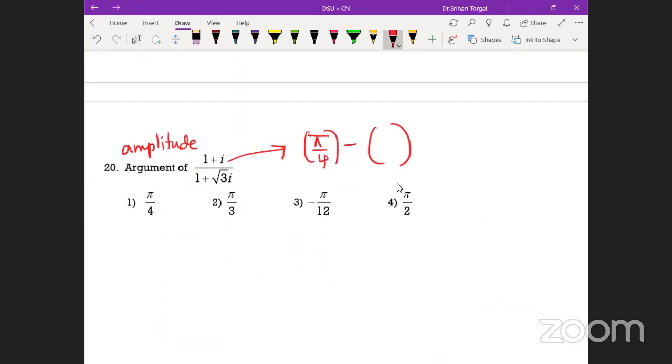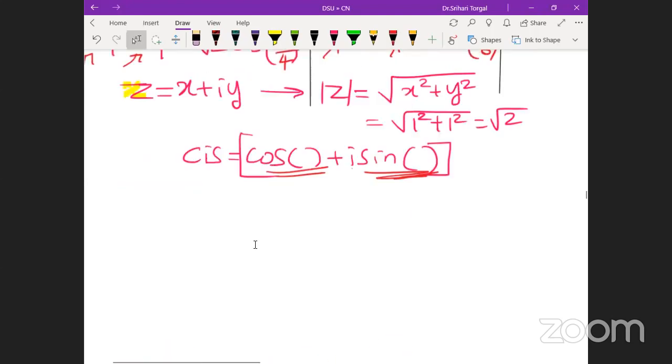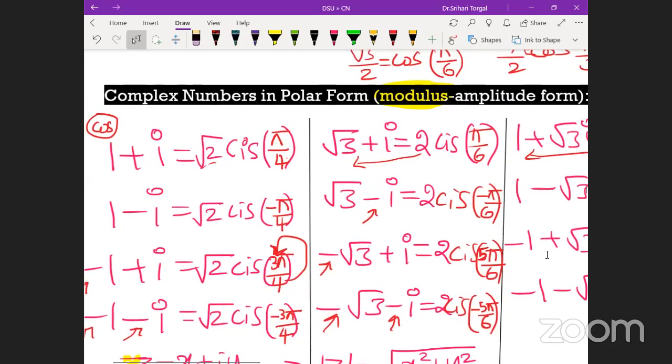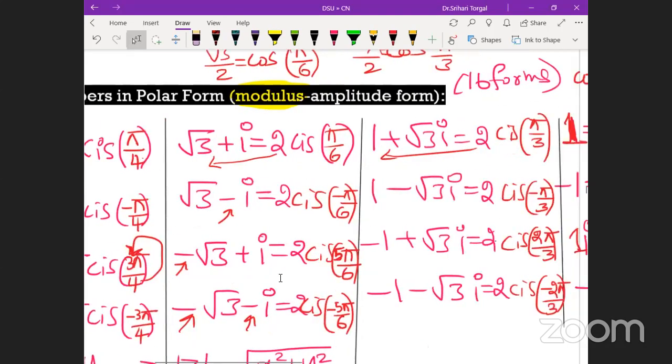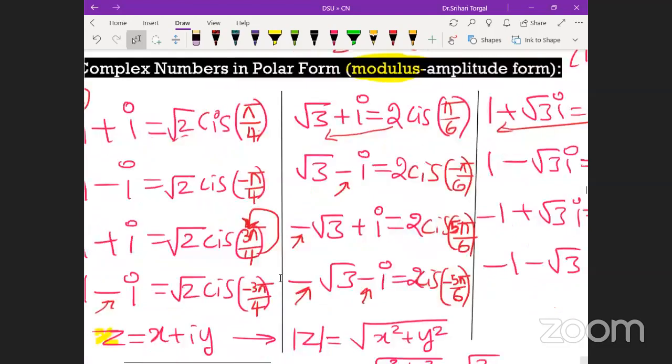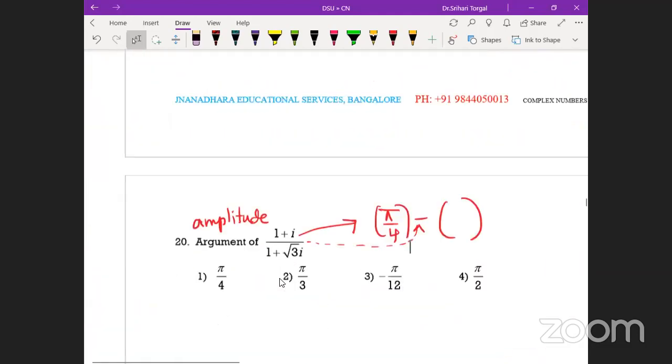π/4 ನೋಡಿ, π/4 ಅಂತ ಇಲ್ಲಿ ಬರ್ಕೊಳ್ಳೋದು. If there is divided by, then you have to replace that divide by negative sign. Multiply ಆಗ್ತಿದ್ರೆ ಪ್ಲಸ್ ಬರಿಬೇಕು, ಡಿವೈಡ್ ಆಗ್ತಿದ್ರೆ ಏನು ಮಾಡಬೇಕು? ಮೈನಸ್ ಬರಿಬೇಕು. What is 1 plus root 3i? 1 plus root 3i. We'll check. 1 plus root 3i is pi/3. Amplitude is pi/3. Don't worry about the modulus. Pi/3.